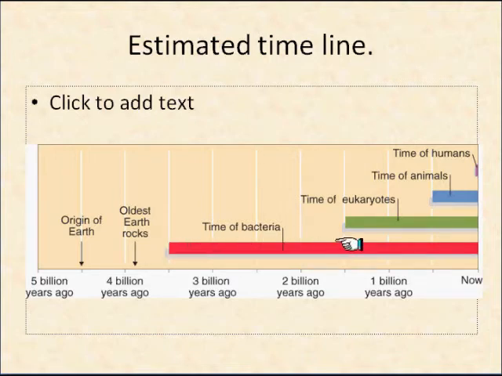For a huge amount of time, it was just bacteria, but eventually, the cyanobacteria altered the environment in such a way that we could get more complex organisms like the eukaryotes to form. Here's 500 million years that we've seen animals. And in the lifespan of animals, humans have only been on the planet for just a fraction of that time.